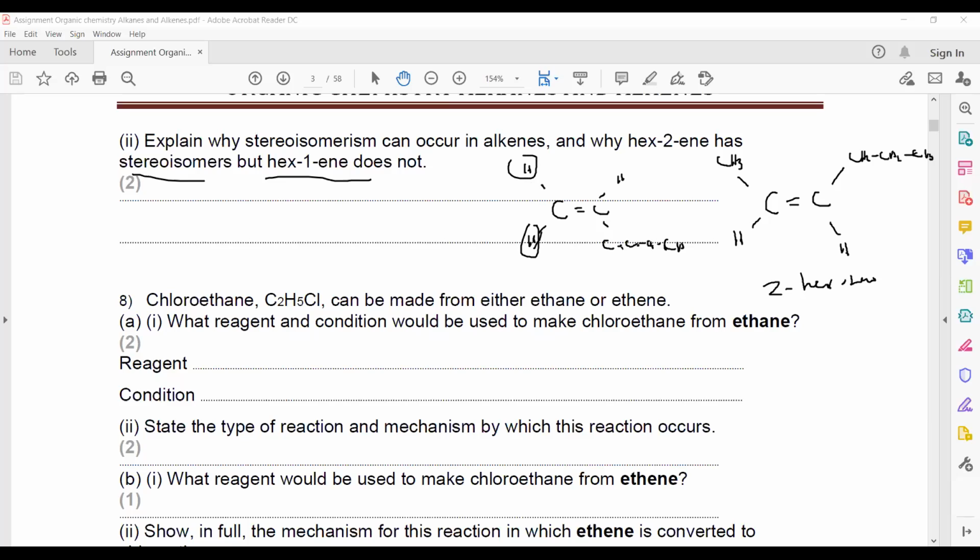So this question is of two parts and 2 marks. The first one: why does stereoisomerism occur in alkenes? So what is the reason? How you write this answer, you will mention: the carbon-carbon double bond restricts the rotation or prevents the twisting.